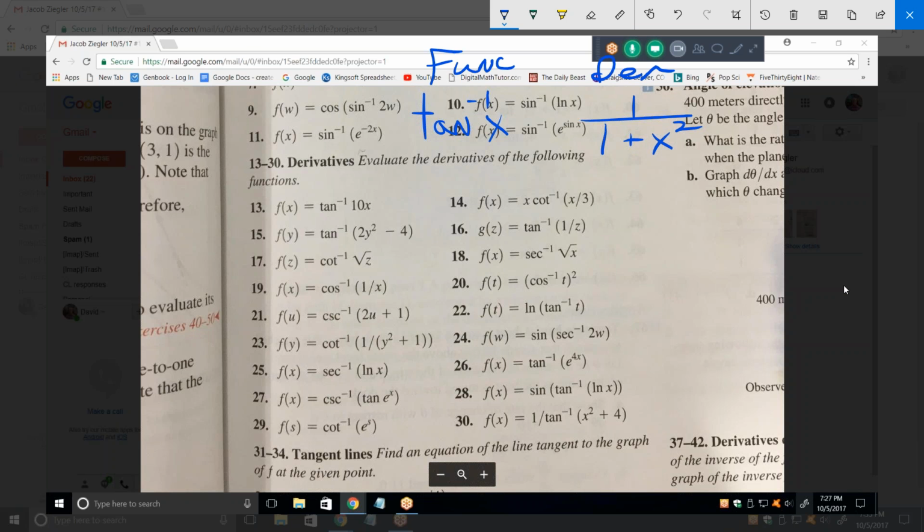So what's 13 going to be? That'll be 1 over 1 plus 10x squared, which is 100x squared. Okay. Times the derivative of the inside, which would be just 10. Okay.